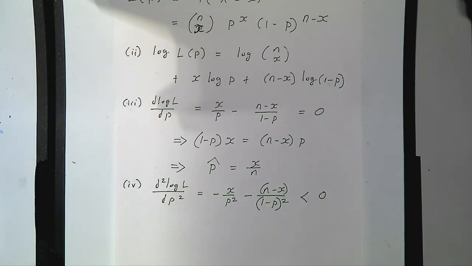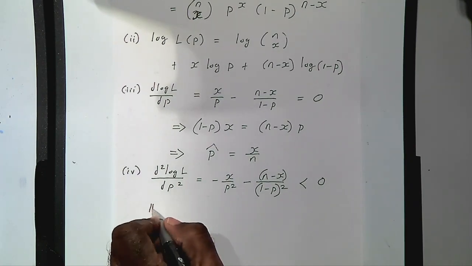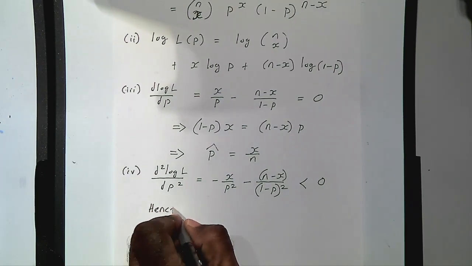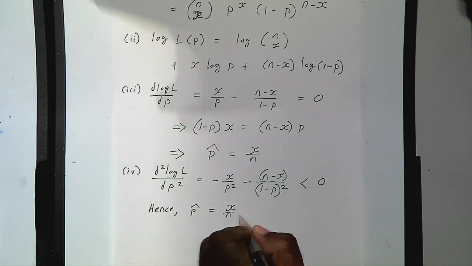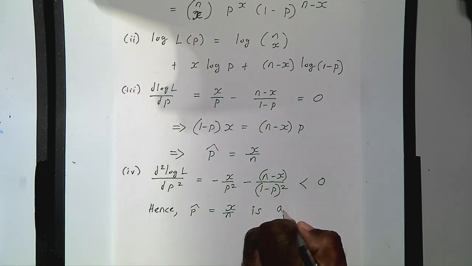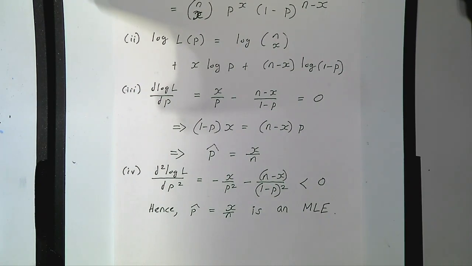The second order derivative is clearly negative. So hence... So this example is relatively straightforward compared to the previous one.